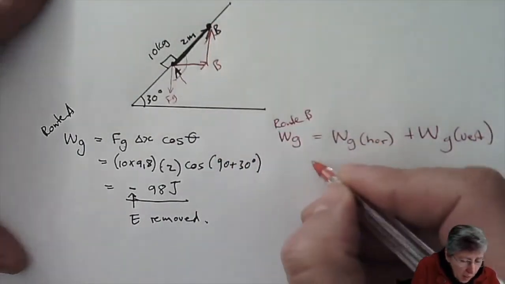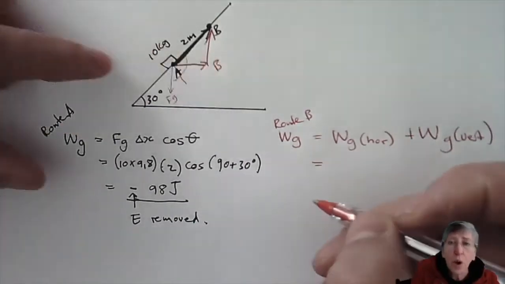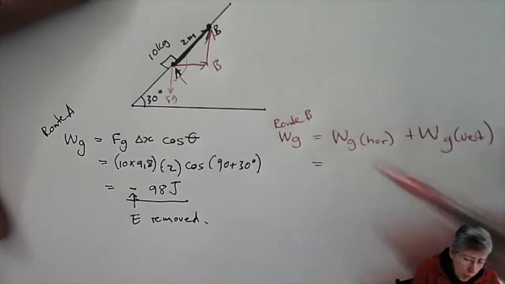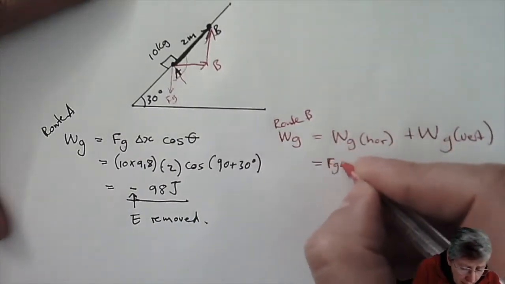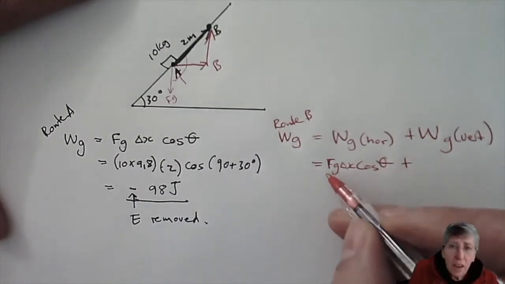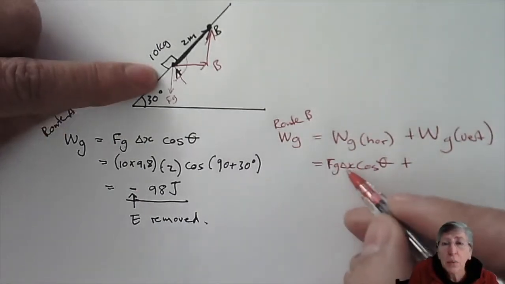Right. Now, let's talk about the horizontal part. Now, for a horizontal part, you will have gravity times delta x times cos theta. Right. Gravity over here, you can work that out.